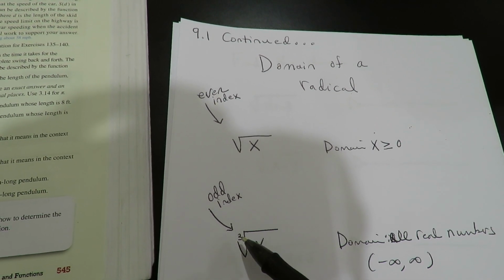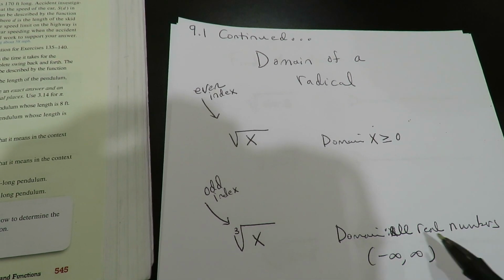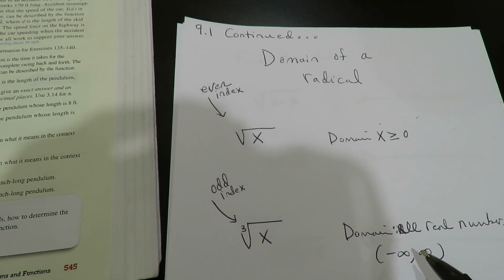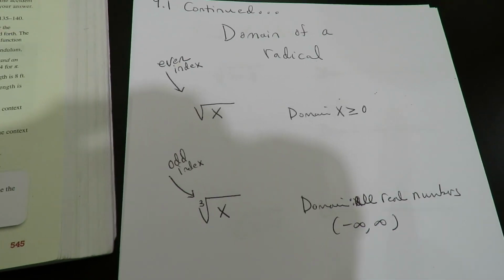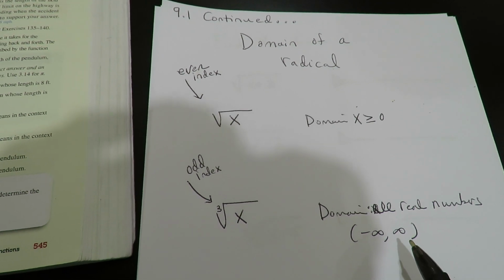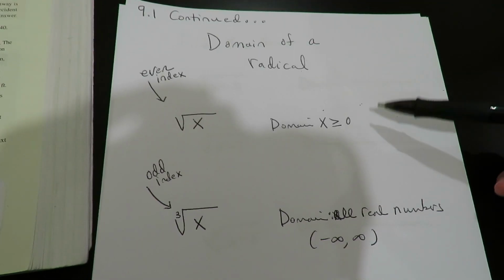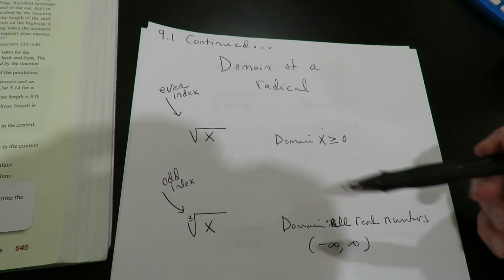If it's an odd index, like a 3, a 5, a 7, what's underneath it can do positives or negatives, and they both can do 0. So the domain for an odd index is always all real numbers. So greater than or equal to 0 for an even index, all real numbers for an odd.